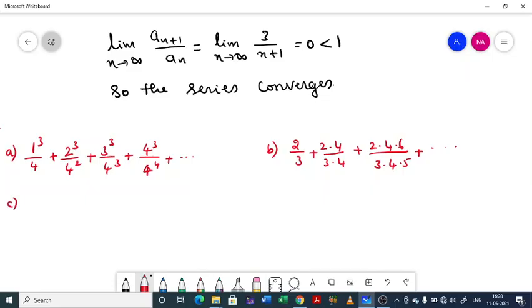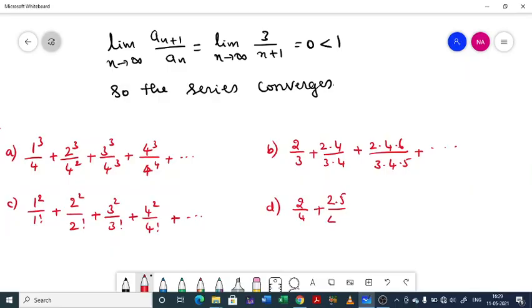C: 1 square divided by 1 factorial plus 2 square divided by 2 factorial plus 3 square divided by 3 factorial plus 4 square divided by 4 factorial plus and so on. D: 2 by 4 plus 2 into 5 by 4 into 8 plus 2 into 5 into 8 divided by 4 into 8 into 12 plus and so on.